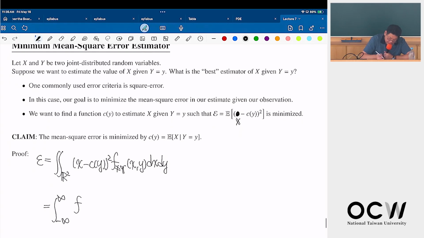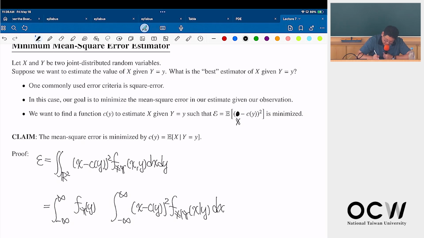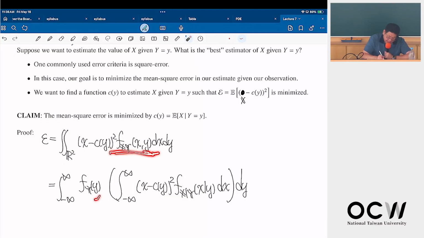The joint PDF can be written as the conditional PDF of X given Y times the marginal PDF of Y. And what is this integration?